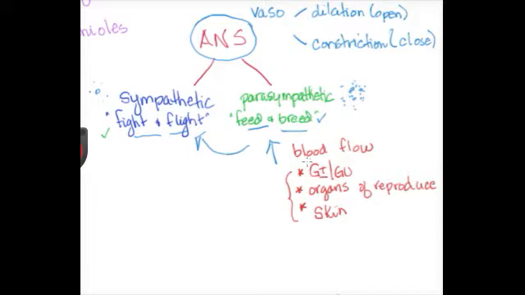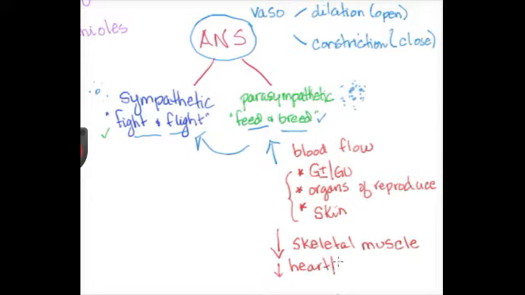Well, if you need an increased blood flow to your GI system, your GU system, your reproductive organs, your skin, you probably don't need that much to your skeletal muscle. So you tend to have a reduction in blood supply to skeletal muscle. You don't really need it there. And you have a little bit of a reduction to the heart and to the lungs.